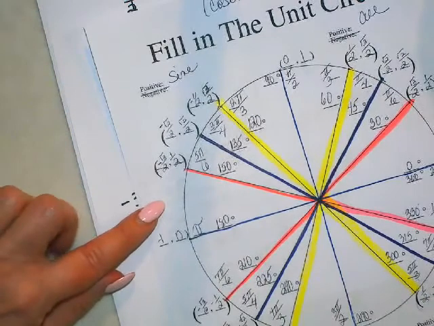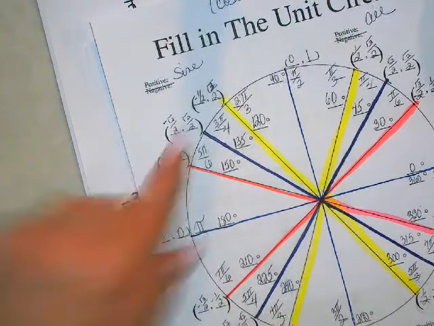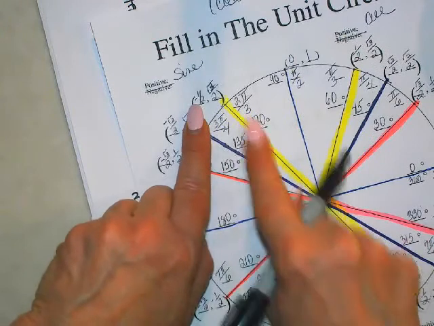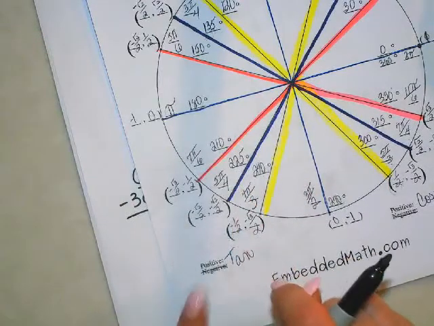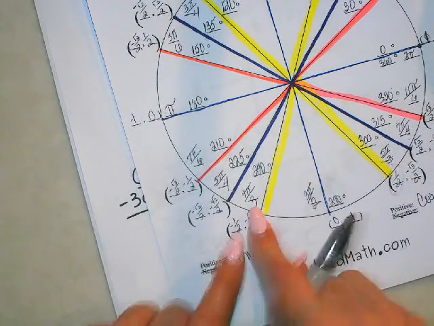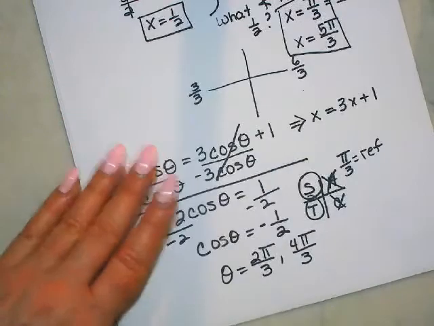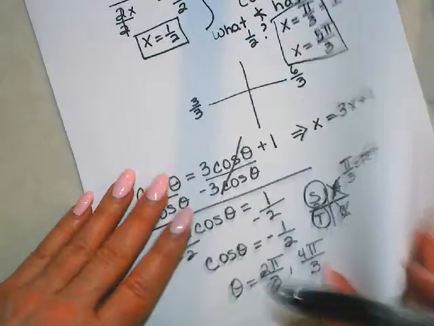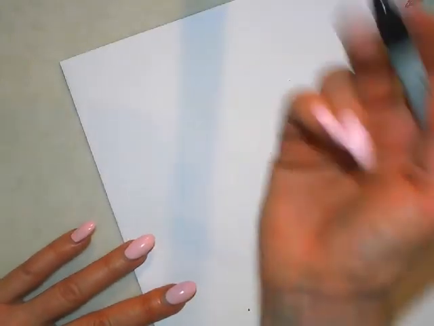And again, at this point, ladies and gentlemen, please, you can just use your reference. Look, -1/2 is 2 pi over 3. And in this quadrant, -1/2 is 4 pi over 3. So you're just solving equations. Okay, we're going to do 2 more before I set you off on your own.